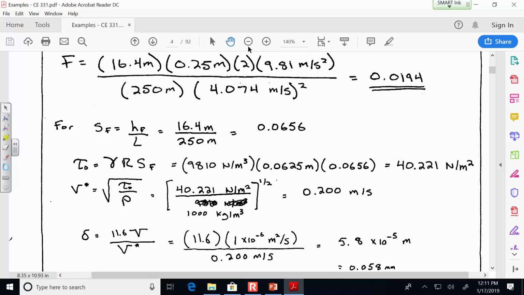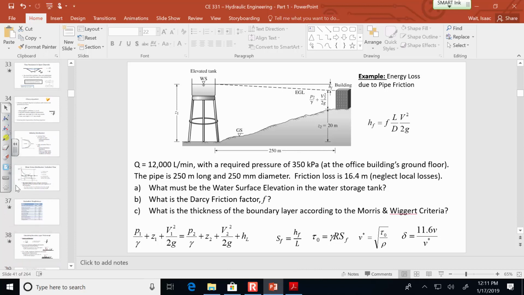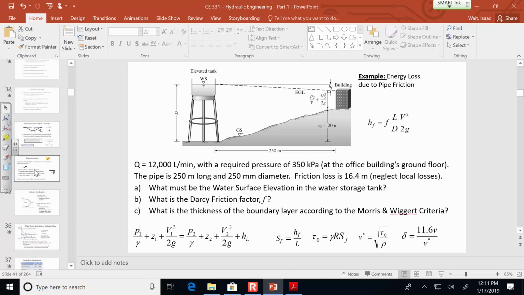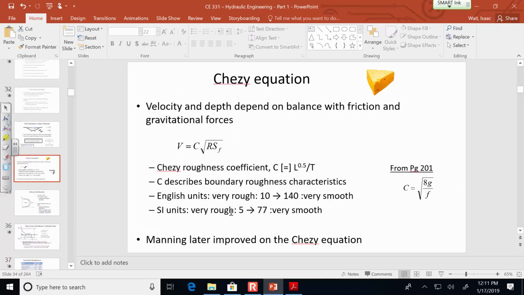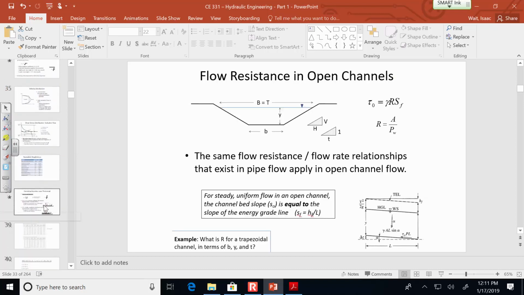Yeah. I used the ratio, the velocity over shear velocity equals the square root of 8 over your friction factor, in order to find that shear velocity, V star, and was able to come out with the same. So, not this one, one of the earlier equations that we had.